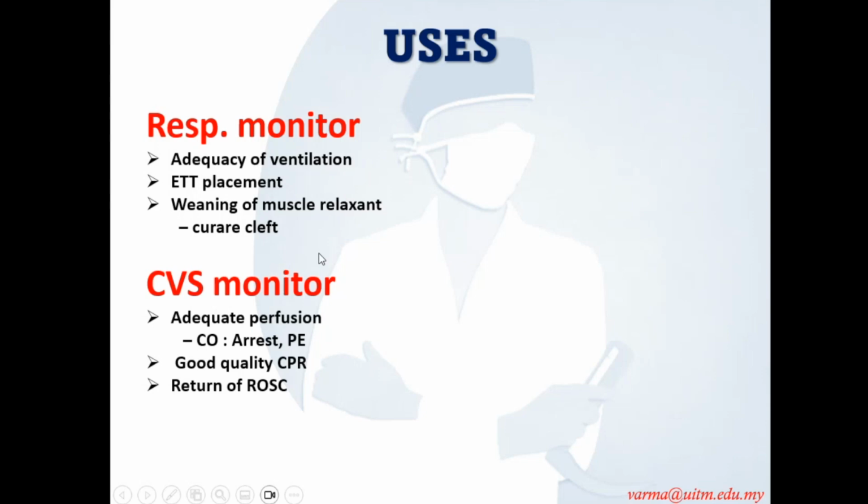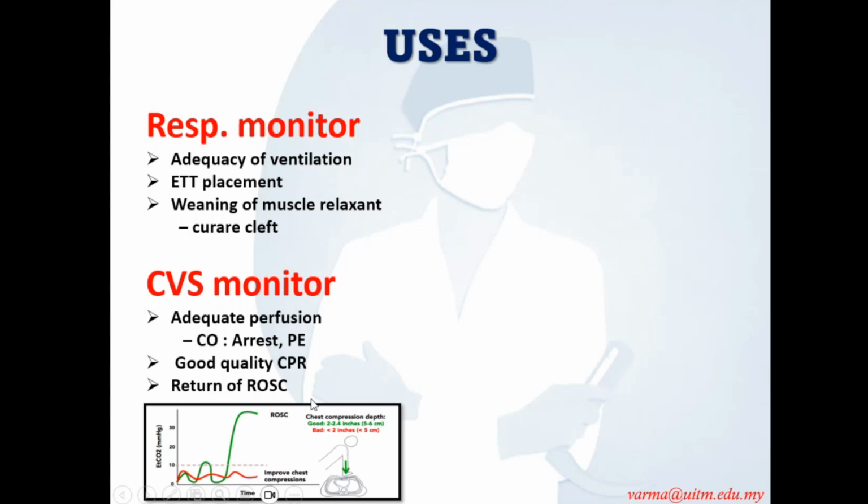Next, CVS monitor: it monitors adequate perfusion, let's say cardiac output, and good quality CPR. It is advocated to use portable capnography during CPR to show the efficacy of CPR, because you have to at least maintain 10 millimeters of mercury of EtCO2 during CPR to show you have good quality CPR.